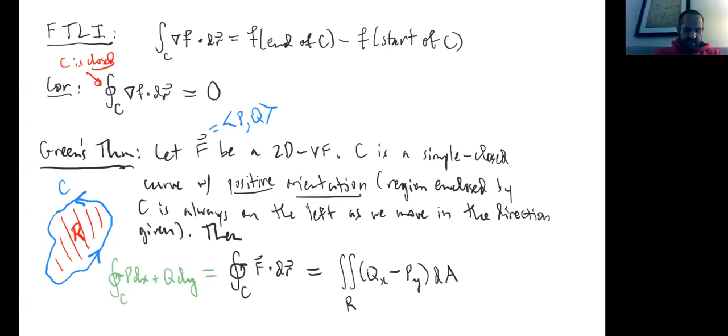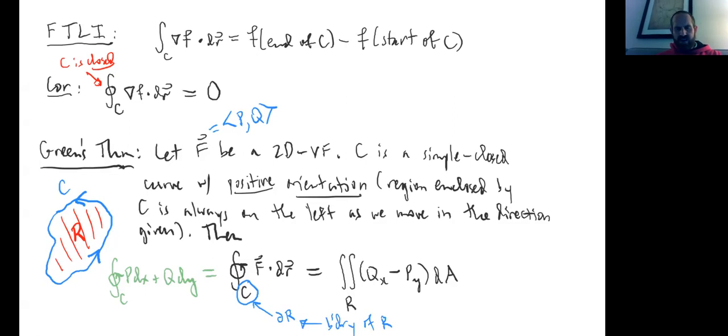Let me also say that sometimes, instead of writing C and R, you'll see in notation that you replace C with this symbol, del R, and that stands for the boundary of R, just so that you don't have to make up lots of different letters for whatever it is you're talking about.